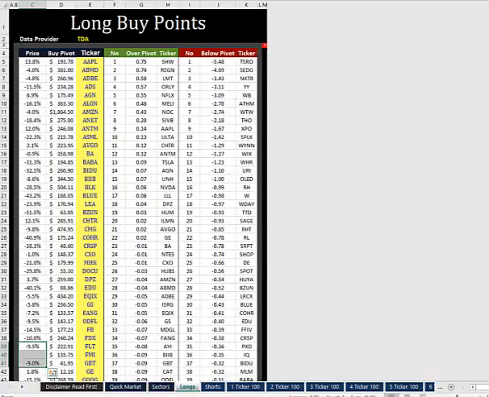Of course, I can trade the ETF, but if I don't want to, I have some stock options. Here's the long buy point watch list, and you can put your pivot point in. So maybe you wanted to get in on Apple at 193.78, and you do that for all the stocks that you're interested in. It will automatically sort them and tell you what percentage above or below the stock is at.